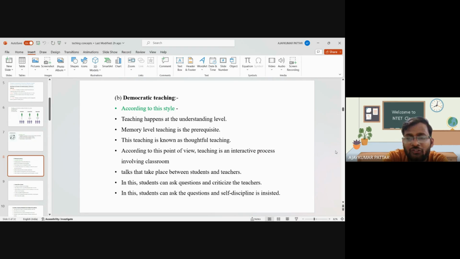According to this point of view, an interactive process is involved, and interaction starts in the classroom. Sir, you told us why it is like this, why to do it this way, and that interaction will happen. The understanding will happen in this democratic teaching method, with talks that take place between students and teachers. Students and teachers will talk to each other and try to understand the concept and subject.